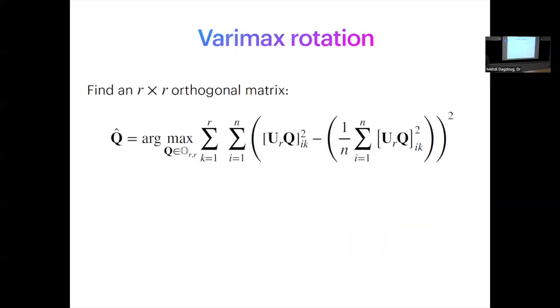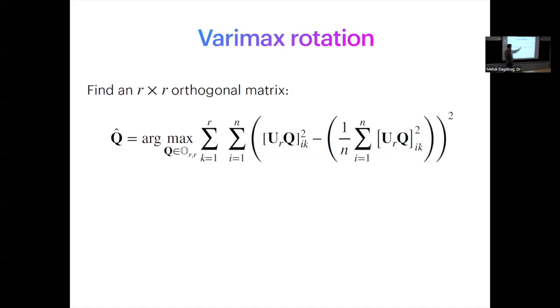Before moving on, I'm going to give you a quick definition of what a varimax rotation is, because this is very important for us to point out the difficulty of understanding this procedure. This is a very complicated math equation. This defines an optimization problem where we try to find the orthogonal matrix Q in dimension R by R. The main idea of the objective function is the following.